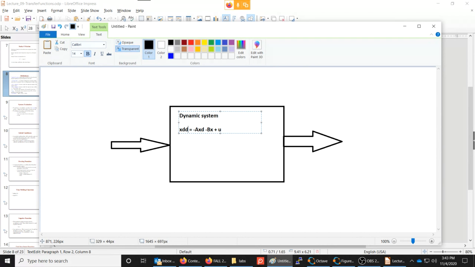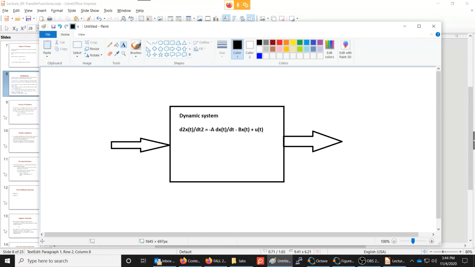Now, this is a second derivative, so it's d²x/dt², and this is dx/dt, minus bx, and x is a function of time. It's a dynamic system, so x is a function of time. And then my u is a function of time.